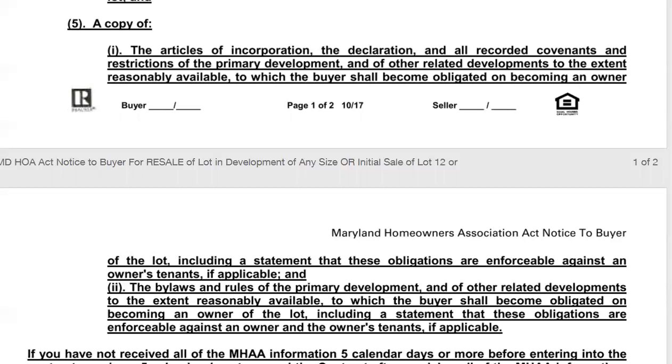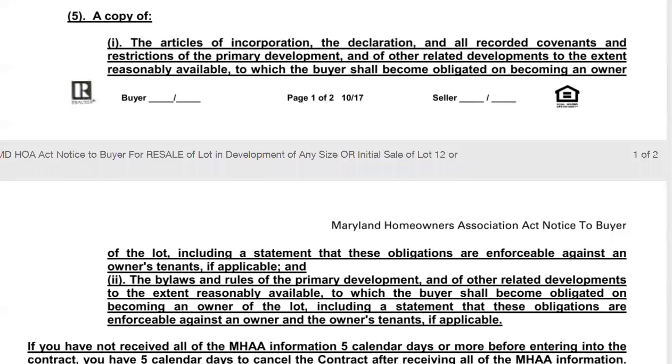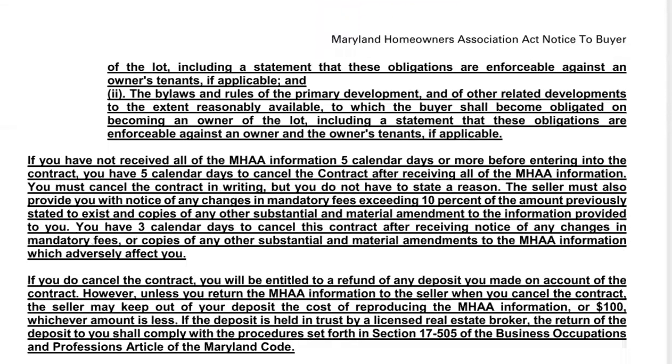So this is a large stack of documents that they're going to provide. In addition to those, we'll receive the bylaws and rules of the development, to which the buyer shall become obligated on becoming an owner of the lot.